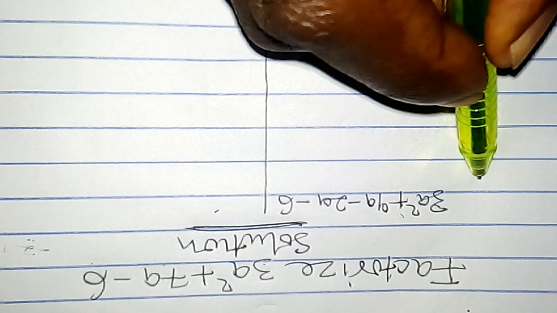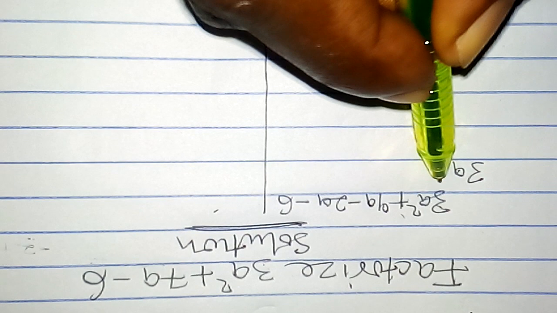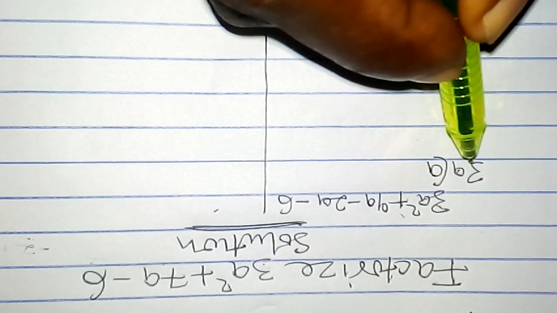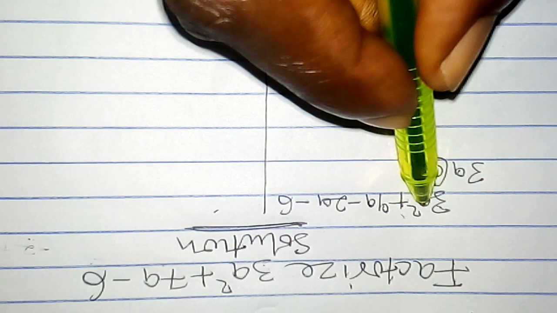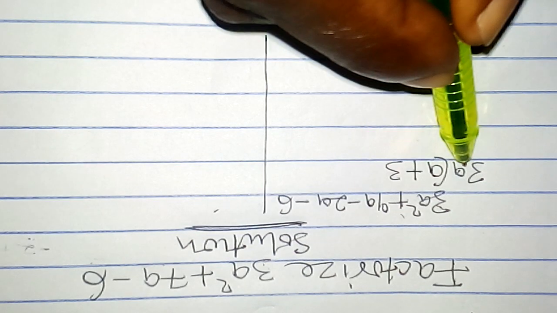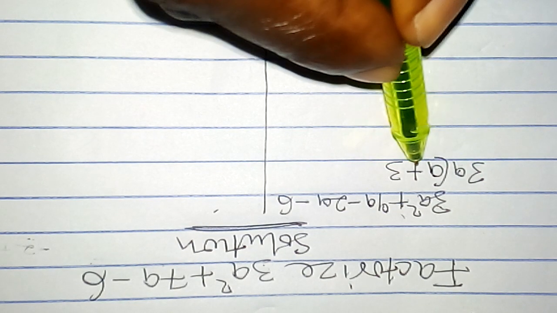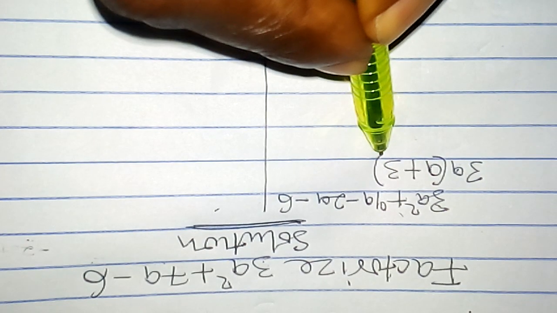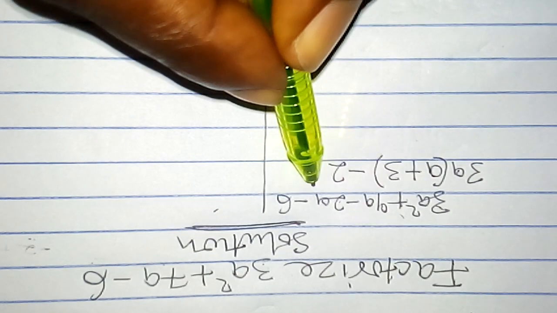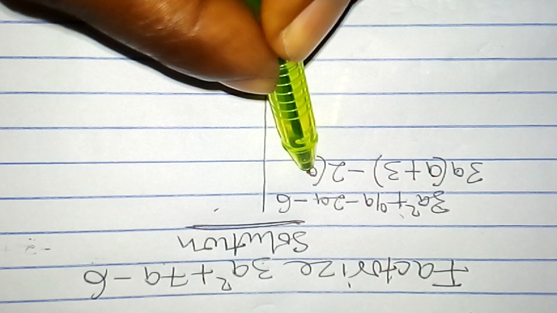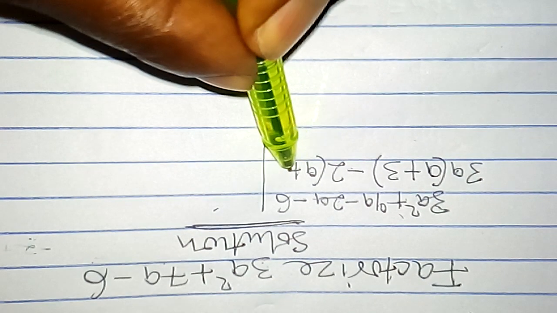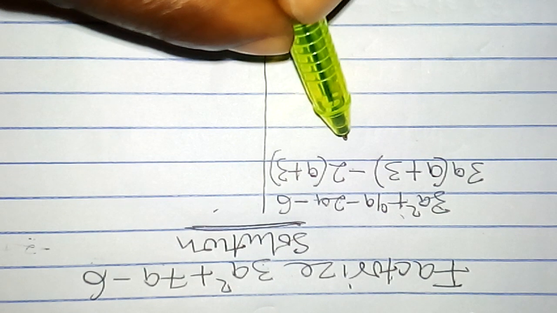So let us bring 3a out, which is the greatest common factor. 3a multiplied by a will give us this, plus 3, because 3a multiplied by 3 will give us 9a, minus 2. Minus 2 multiplied by a will give us minus 2a. Then minus 2 multiplied by plus 3 will give us negative 6.